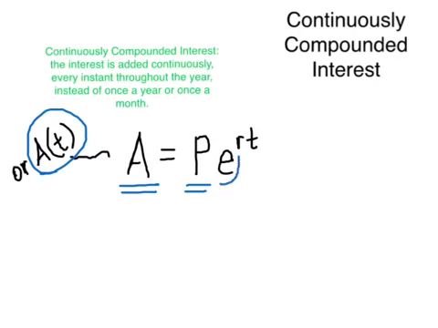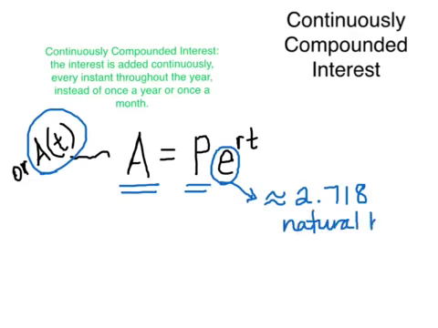And then e is actually a number. It's not a variable, so we're never going to fill in e with another thing. e is approximately equal to 2.718. e is called the natural base, or the natural number. In this case, it's a base. And it's found a lot in math and science.